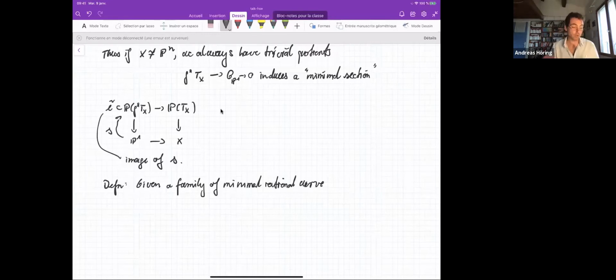That's the closure of the locus covered by minimal sections.